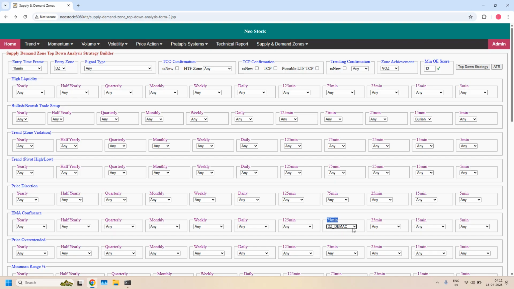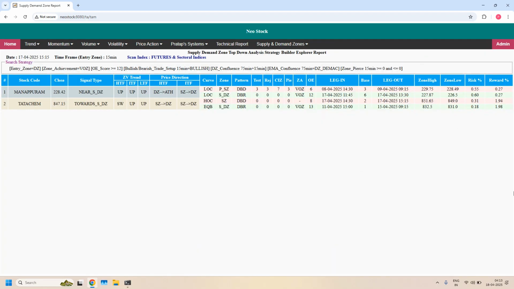Anyway, 75 minutes trend is uptrend. So let's filter. We got two stocks. So these two 15 minutes demand zones might be having even more high probability to get success. So this is based on LTF, ITF demand zone confluence and ITF EMA confluence.